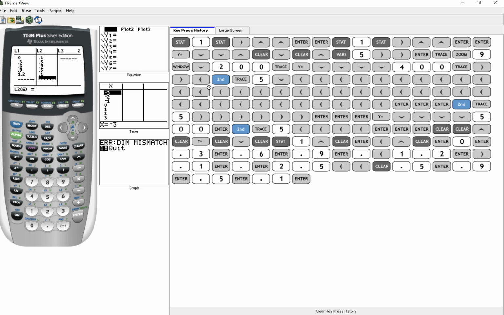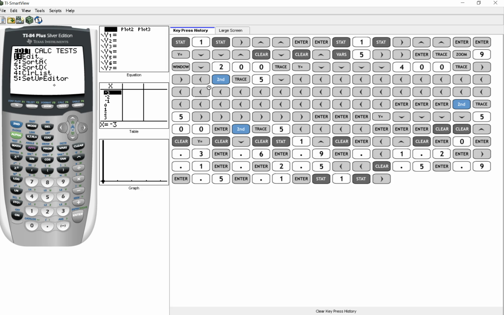So if we put that into our sinusoidal regression, stat, calc, we're going to go up to sinusoidal regression. We can see our regression function has an a value of 0.4, b value of 5.24, c value of negative 1.57, and a d value of 0.5.